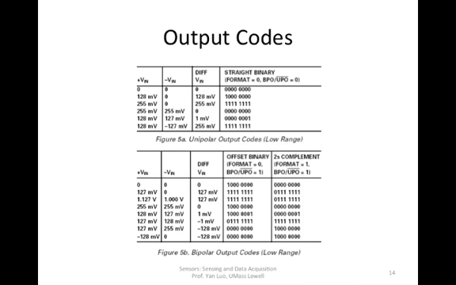For output, as we said, we can represent either a unipolar value or bipolar value, so it could be positive or negative, or only positive. The first case, on the table on the top, is the unipolar case, where we do not have negative values.